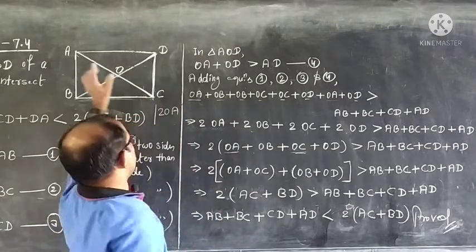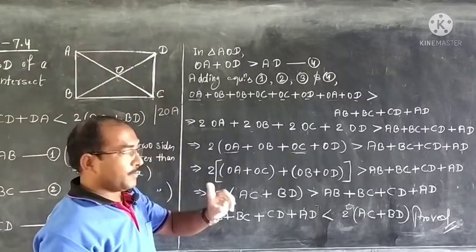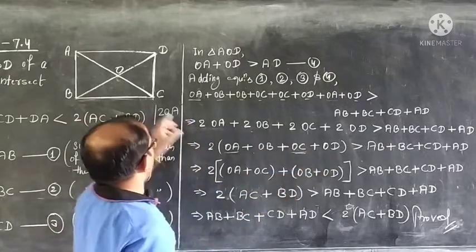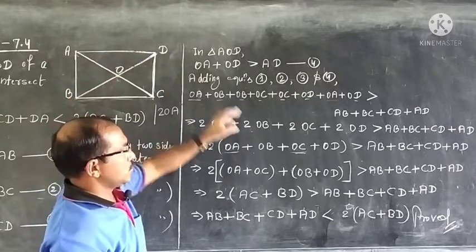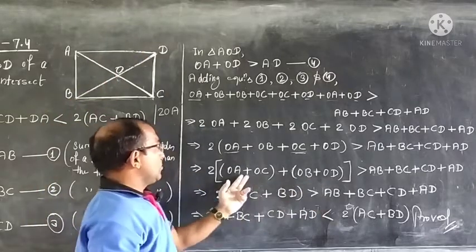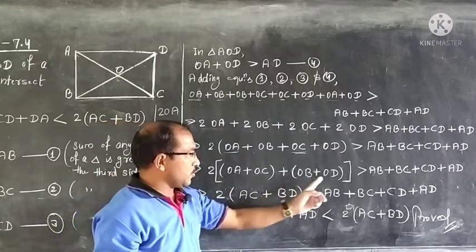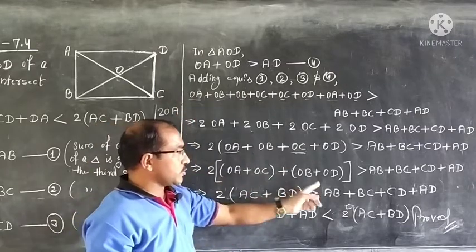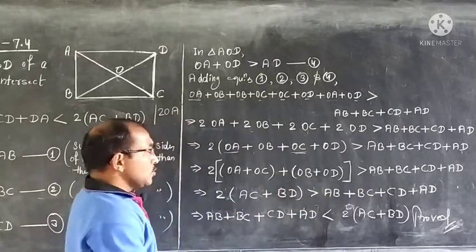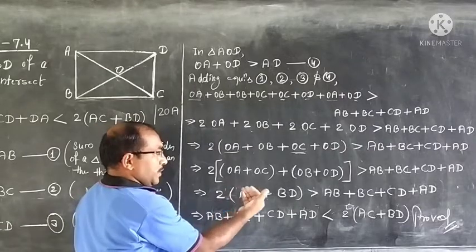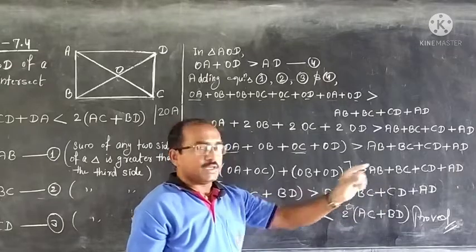The diagonal is telling us that if we add OA and OC, this is the full diagonal AC. The same way, OB and OD together make BD. So we brought them together and we get 2 times OA plus OC, which is AC, and OB plus OD, which is BD, is greater than the sum of the 4 sides AB, BC plus CD plus AD. So what we found here is 2 into AC plus BD is greater than AB plus BC plus CD plus AD.